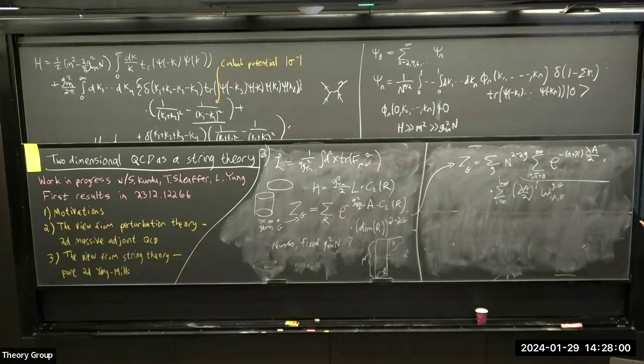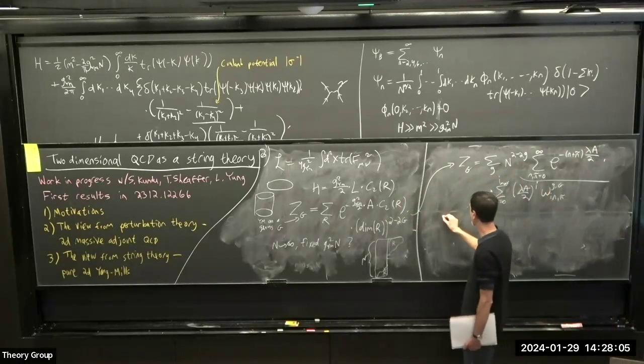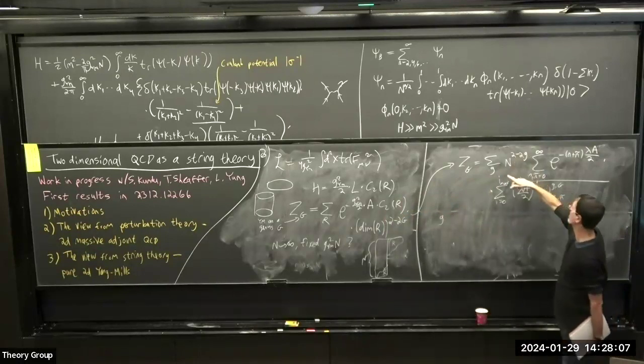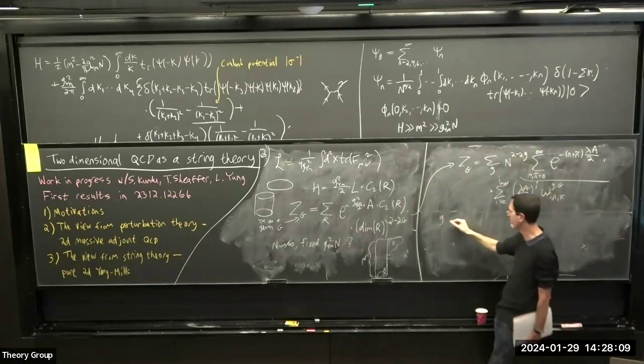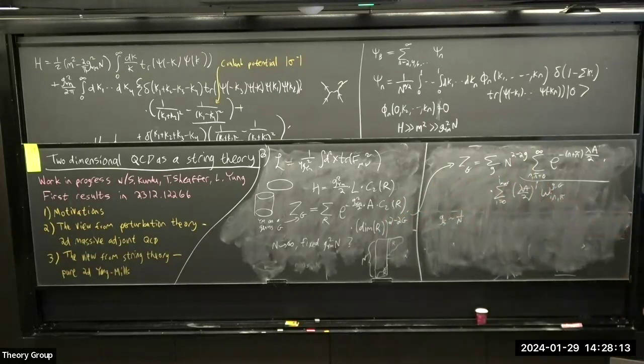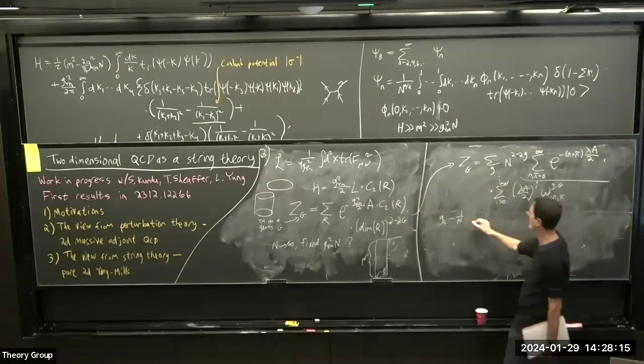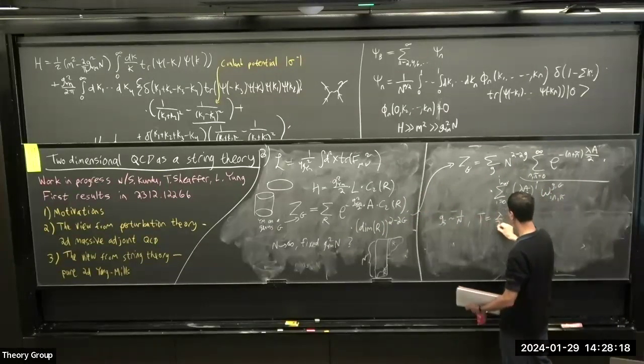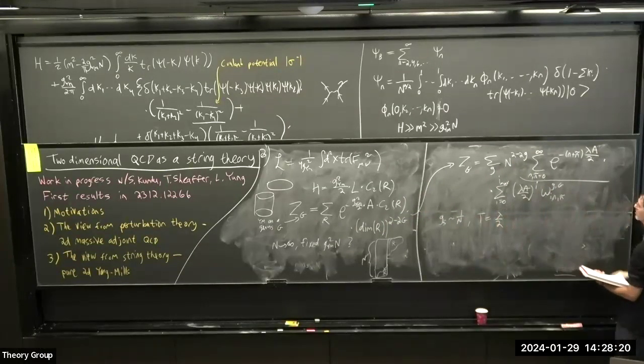And it's natural to then interpret this expansion as a string theory, so we interpret the contribution here from genus g as coming from a worldsheet of genus g, a string theory with string coupling that goes like 1 over N in an obvious way, and with a string length that is just lambda over 2 corresponding to this term.